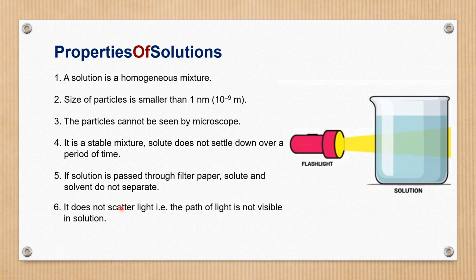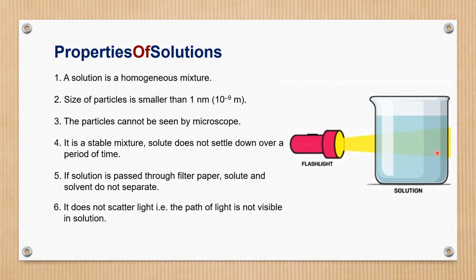And the last point, it does not scatter light. That is, the path of light is not visible in solution. You can see that in this picture. Here a light is passed through a clear solution, a salt solution or water or anything.